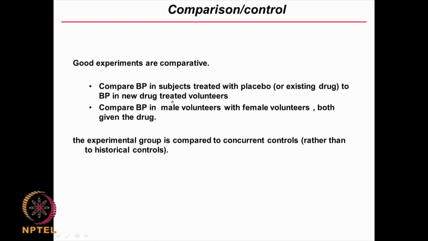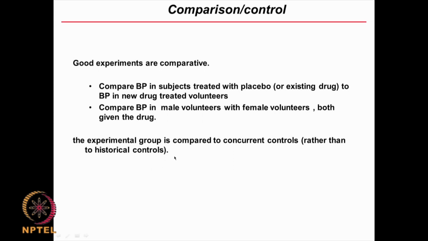So, you may compare, say, male volunteers with female volunteers on the performance of a drug. Always, good experiments are comparative. We never take historical controls and then compare, that is very rare. If I want to introduce a new drug into the market, I will always carry out clinical trials with the old drug with a set of volunteers and the new drug with a set of volunteers and make a comparison.